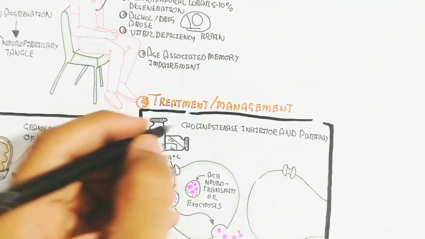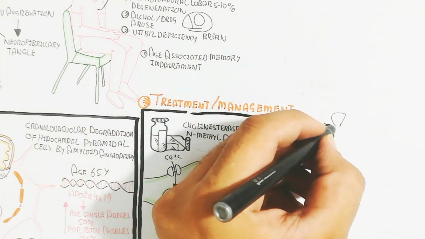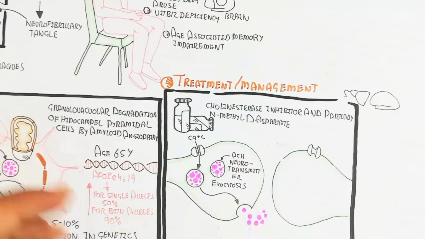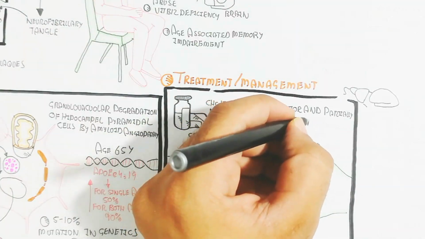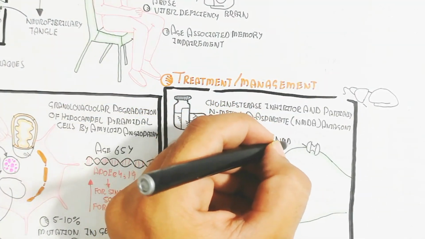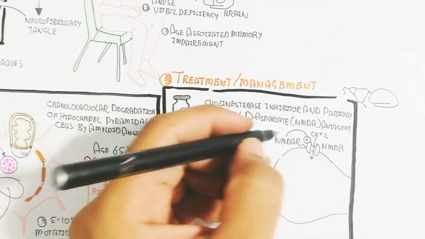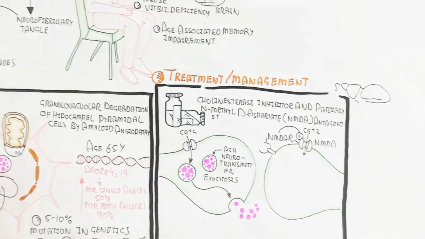So what is the NMDA channel and what is the NMDA receptor? The NMDA receptor binds with the neurotransmitter and triggers the calcium influx for synaptogenesis and other processes. So in this way the NMDA channel will lead to influx of the calcium.